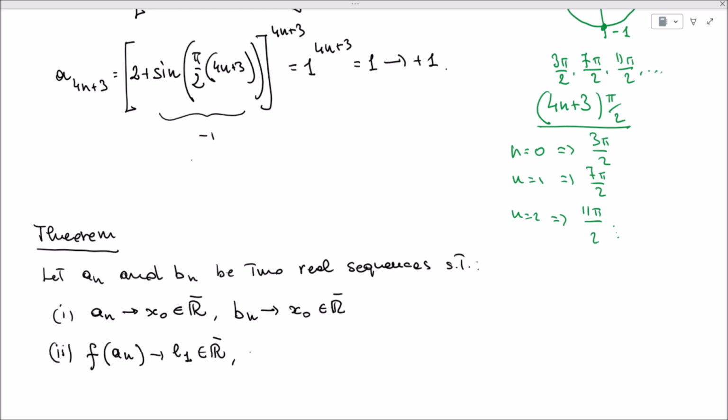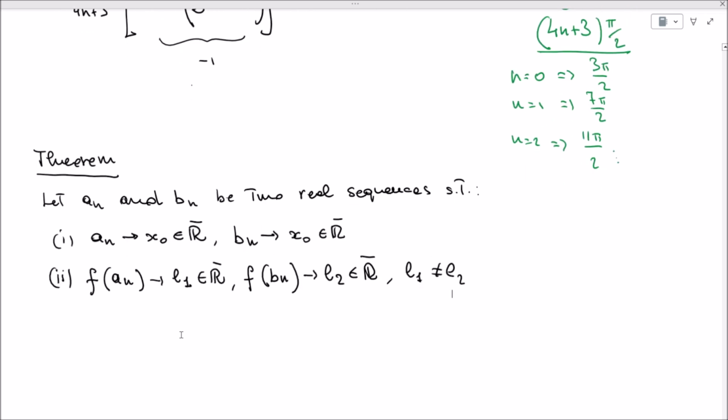And the function f evaluated at the elements of the other sequence bn tends to a limit L2 in the extended real line, with L1 different from L2. Now, if these two conditions are satisfied, then we can conclude that the limit of f of x as x goes to x0 does not exist.